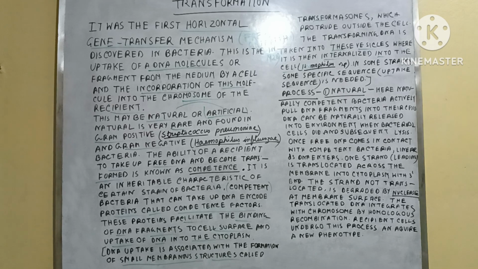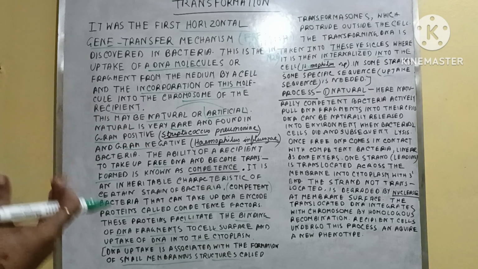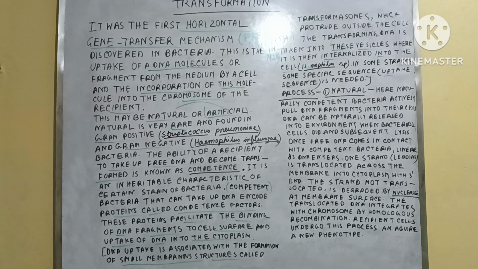Without these uptake sequences, they cannot internalize the DNA fragments. So they have small vesicle-like structures or specific sequences involved in getting DNA fragments into their cytoplasm.